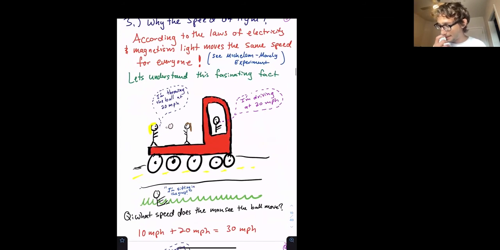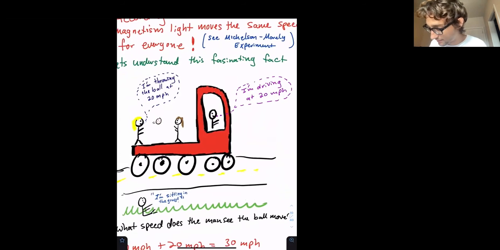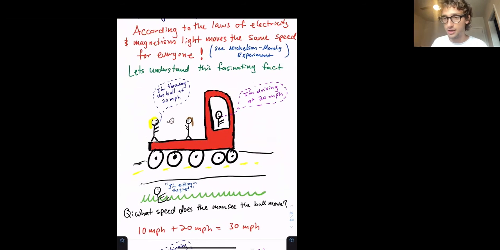Let me just give you a scenario where someone's driving a truck and there are 2 people playing catch on the back of the truck, and someone sitting on the grass watching the truck moving and the people playing catch. The truck is moving at 20 miles per hour. The ball is thrown at, I think I meant to put 10 mph, it'll be easier to fix it now.